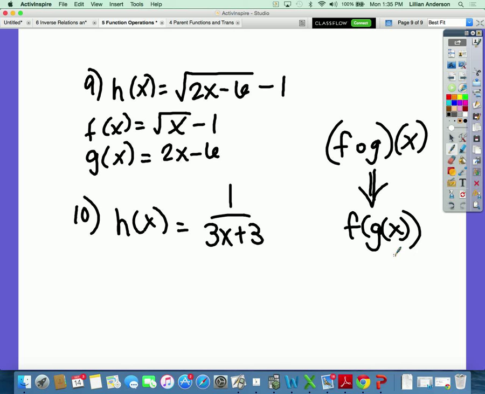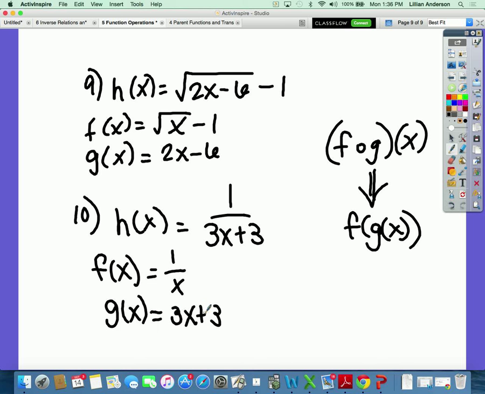What about 10? Raise your hand, you think you got 10? Adriana, what did you get? I got f of x equals 1 over x. And then g of x equals 3x plus 3. Would you guys agree that if I did f of g of x, I would get that? Okay. Questions? Now, there's not one set answer for these, okay?